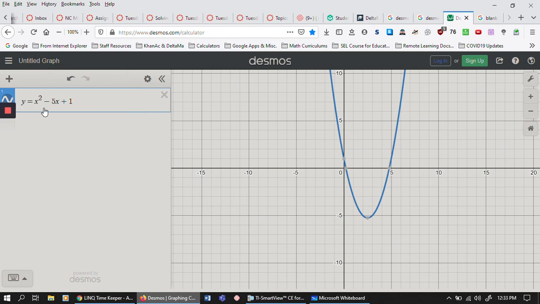On this thing here, you can either type it in with the y equals, or I'm just going to show you, it still graphs it even if you don't type the y equals. This thing is awesome. So we got the graph of y equals x squared minus 5x plus 1.